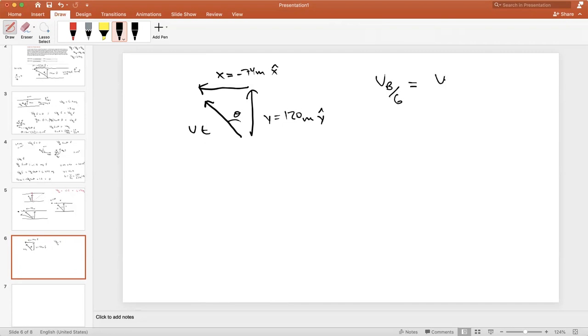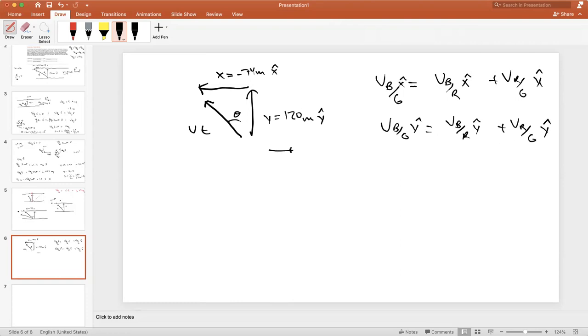And so we want to say that the boat versus the river in the x-hat plus the river versus the ground in the x-hat, and in the y-hat, we want the boat versus the river in the y-hat plus the velocity of the river versus the ground in the y-hat. Now we know our river is flowing, river versus ground, at 1.3 meters per second in the x-hat direction only. This is x, this is y.